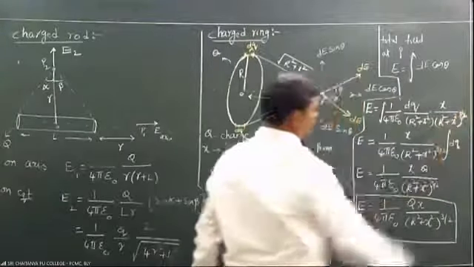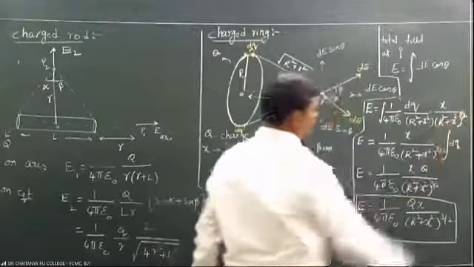We know the total intensity at the center should be 0. Means intensity due to AB plus intensity due to the remaining part ADCB must be equal to 0.